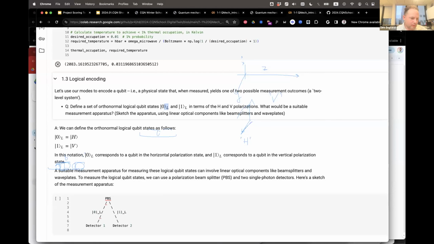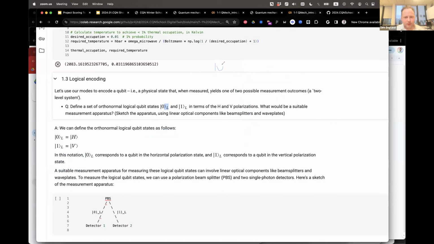Okay. So a question here might be, what would be a suitable measurement apparatus for the two? How do you measure what fraction of a state is in H or in 0 or V?